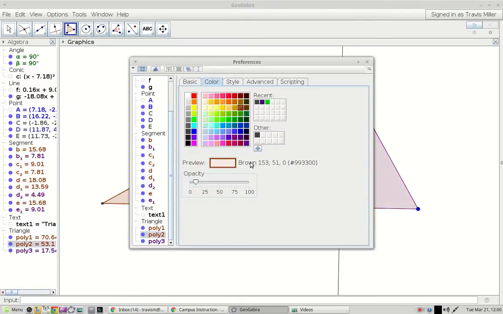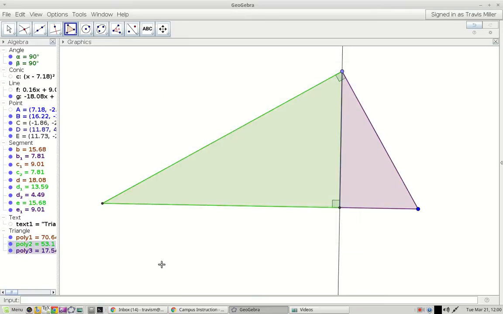The large interior triangle I'm going to make green. And I'm going to leave the outer one that maroon color. So, the outer one is my large, then the large interior, and the small interior.